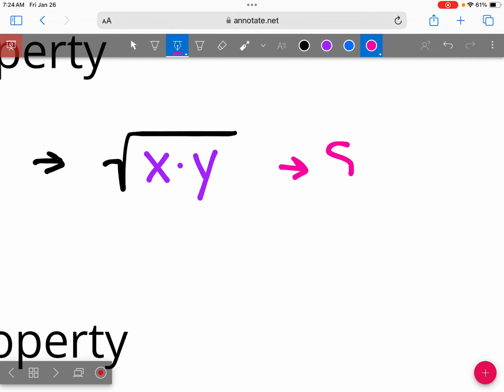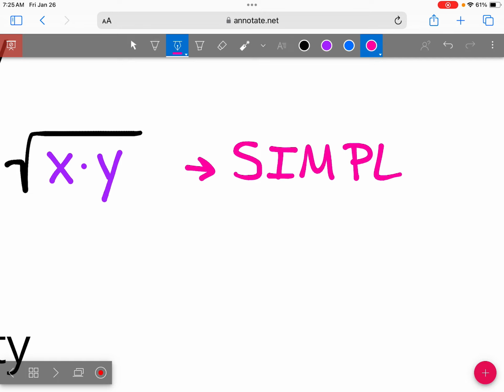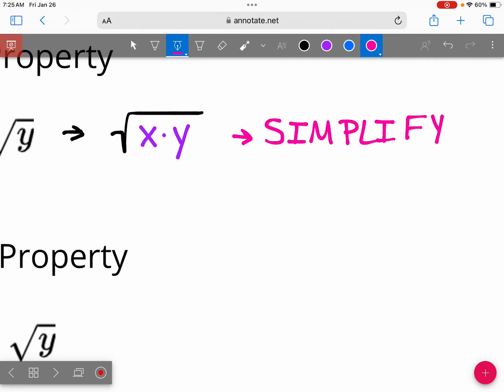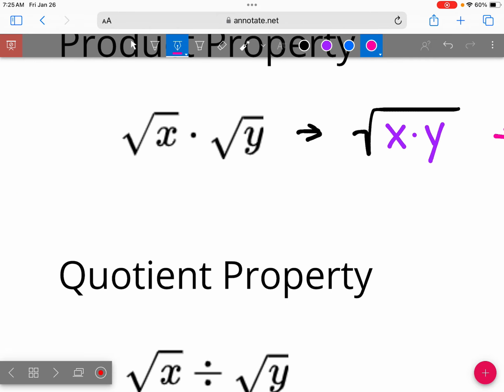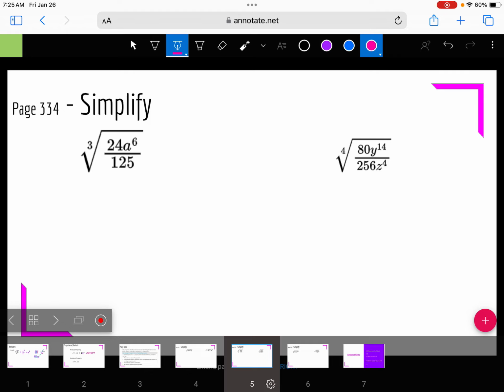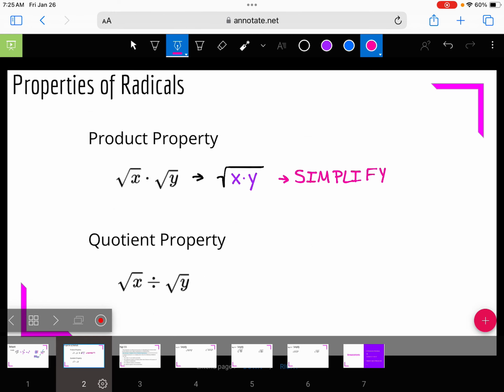Then we need to simplify. And this is true with all radicals, not just square roots. Like that works with cube roots too.